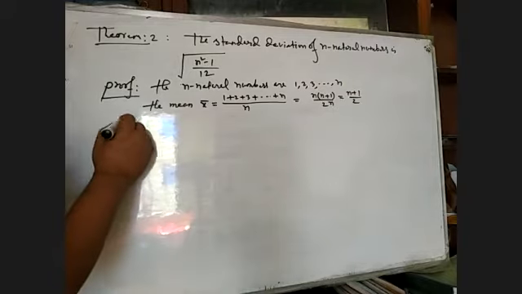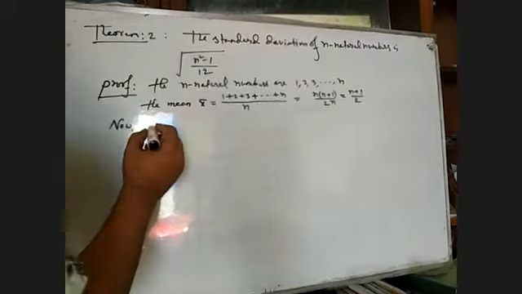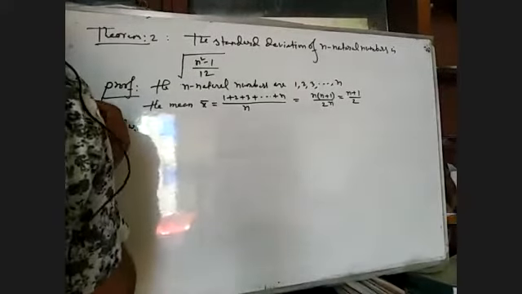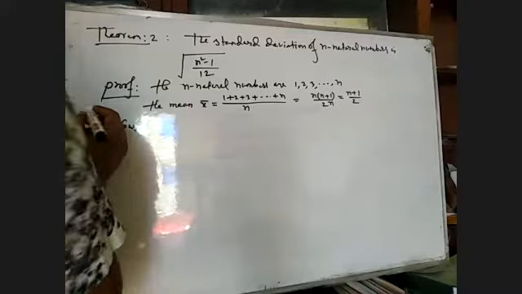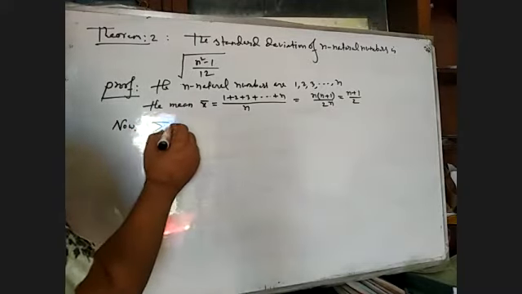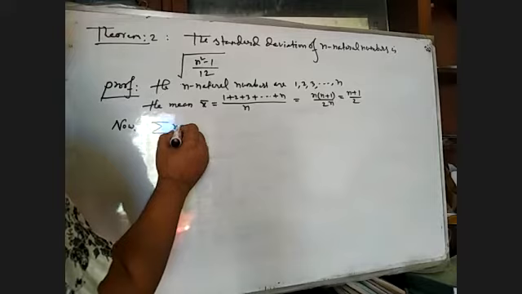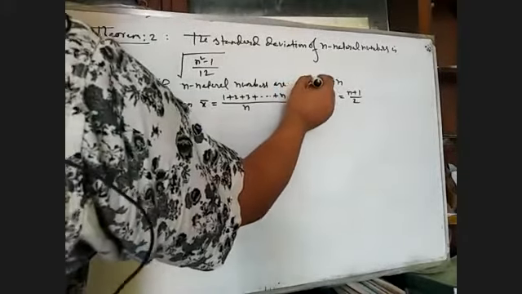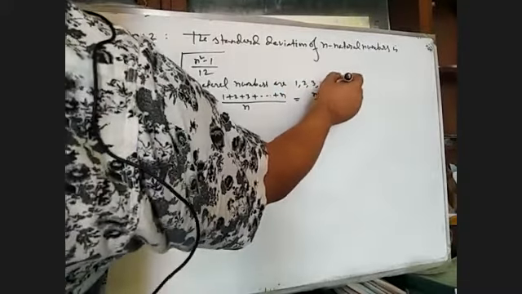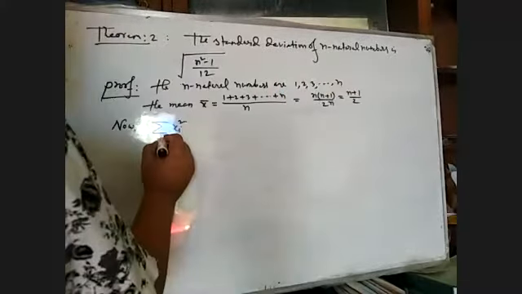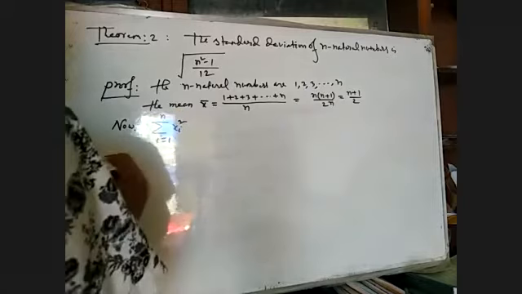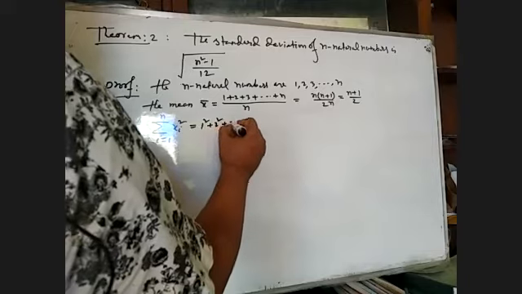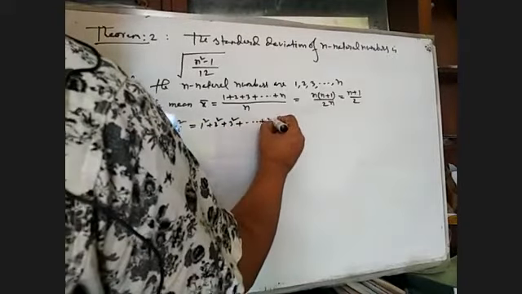Now the sum of squares of n natural numbers. You must know the sum of xi square. That means x1 equals to 1, x2 equals to 2, x3 equals to 3, dot dot up to xn equals to n, i equals to up to n. And this means 1 square plus 2 square plus 3 square plus up to n square.